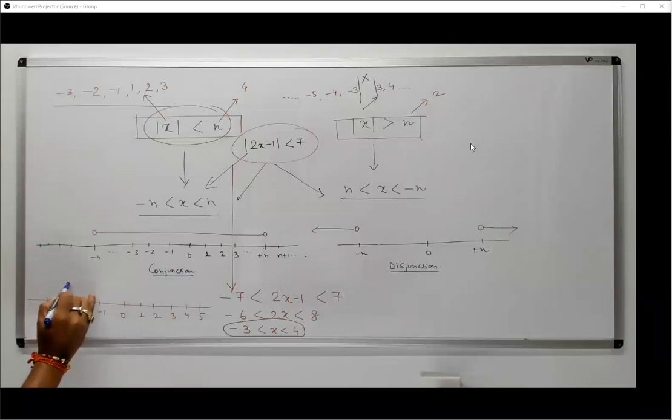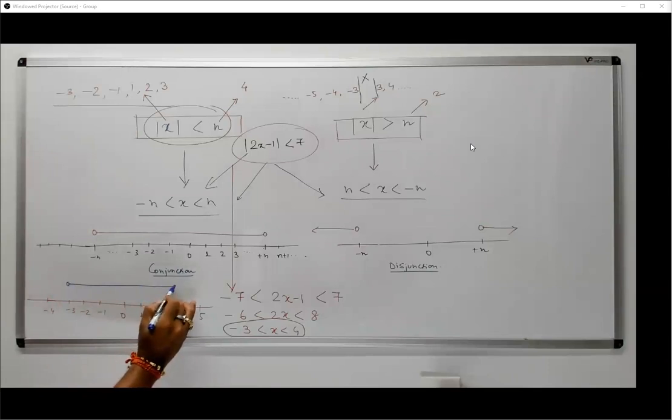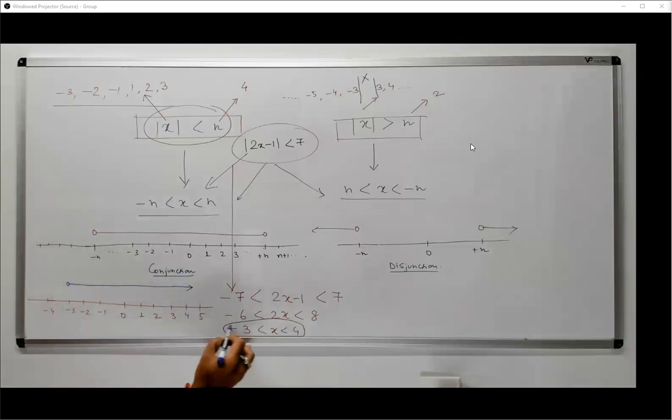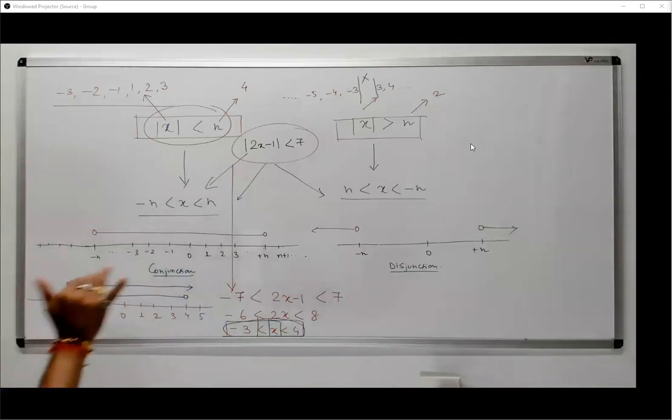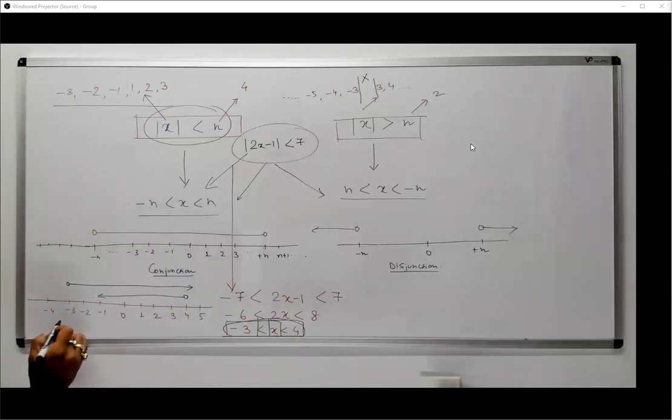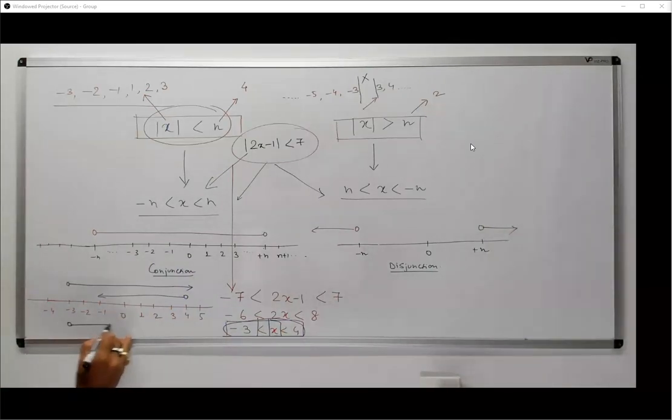I will start from here and go towards this side, greater than minus 3. This part is done. Next part is x is less than 4, from here back. So now, your actual resultant outcome is from here to here, and that is your domain.